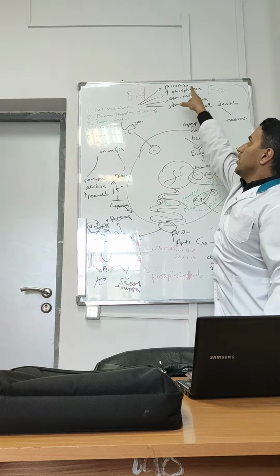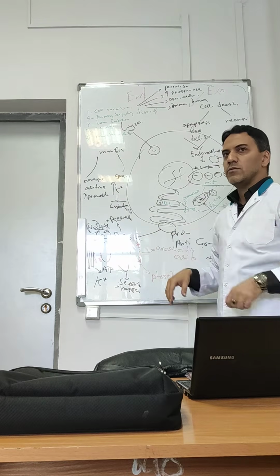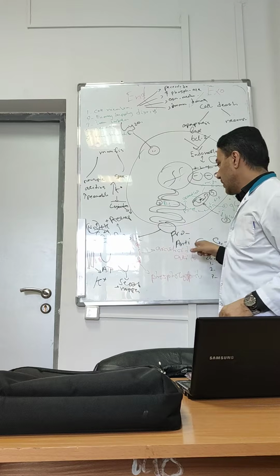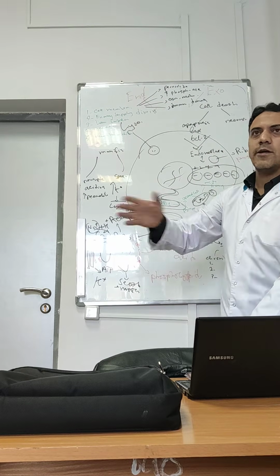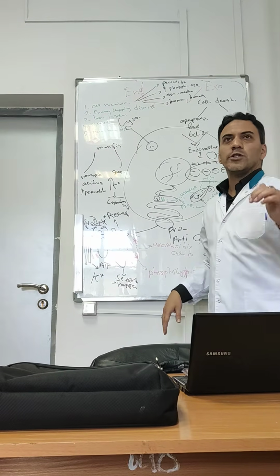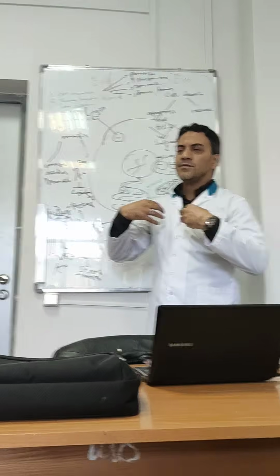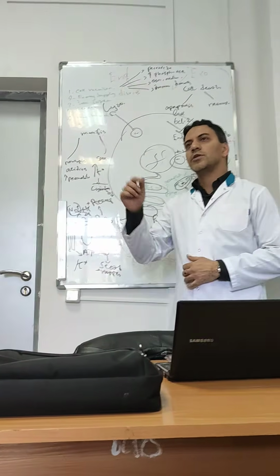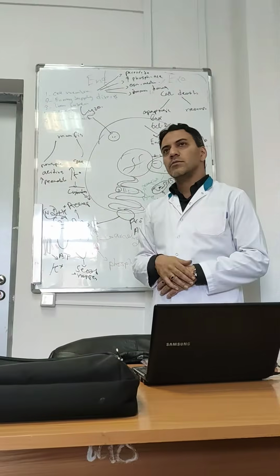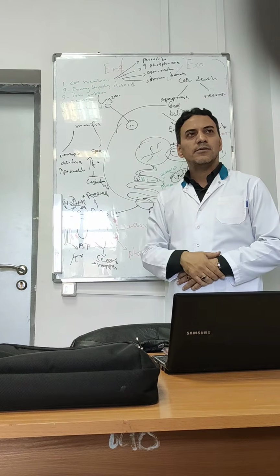So according to peroxidation of the cell membrane, we have pro-oxidants which cause it, and antioxidants which prevent it. We have our own antioxidant enzymes, for example SOD, superoxide dismutase, glutathione reductase, glutathione peroxidase, catalase.